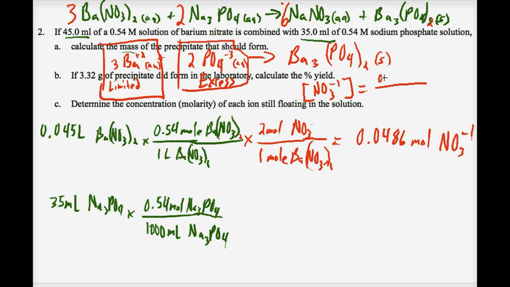It's going to be 0.0486 moles over not 45 milliliters, or 0.045 liters. We can't do that anymore because volumes were additive, so over 0.080 liters. That's going to give me my molarity of my nitrate ion.